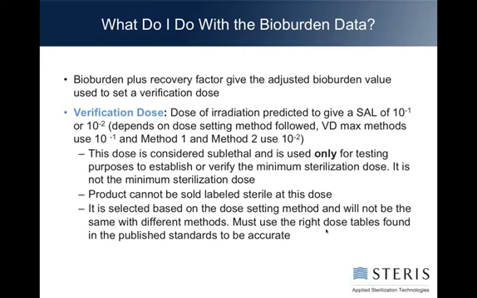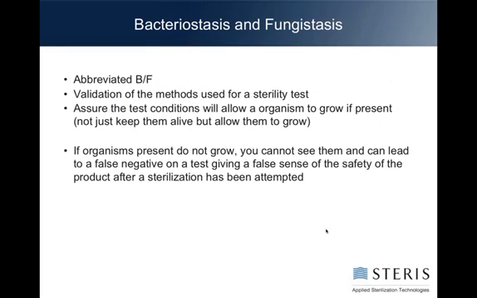You're testing at lower sterility assurance levels to document that at the higher dose, you have the sterility assurance level you're required to have. Product cannot be sold or used labeled sterile if it gets only the verification dose. It is selected based on the dose setting method and will not be the same with different methods, even if the bioburden number is the same. There are different dose tables for each of the methods we're going to talk about today.